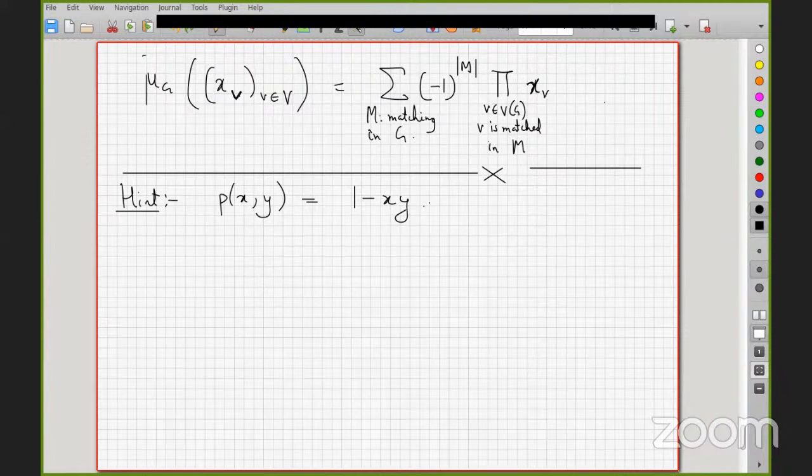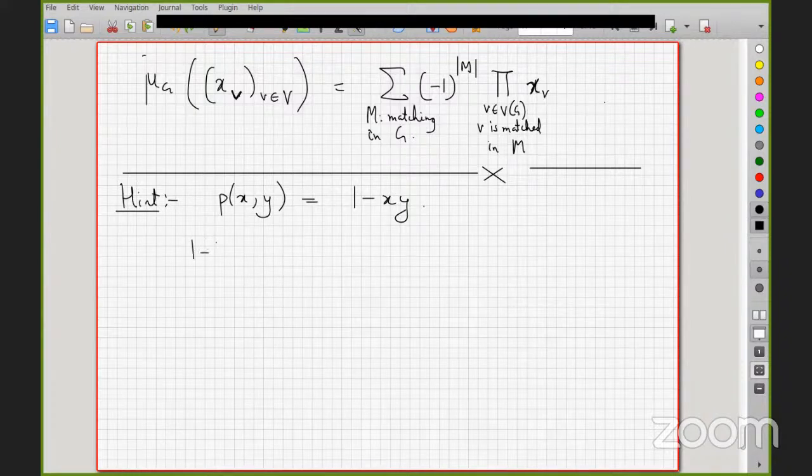Nothing we've done so far has been about homogeneity. But let's look at this polynomial, 1 minus xy. Yeah, this is real stable, and let's just check why.